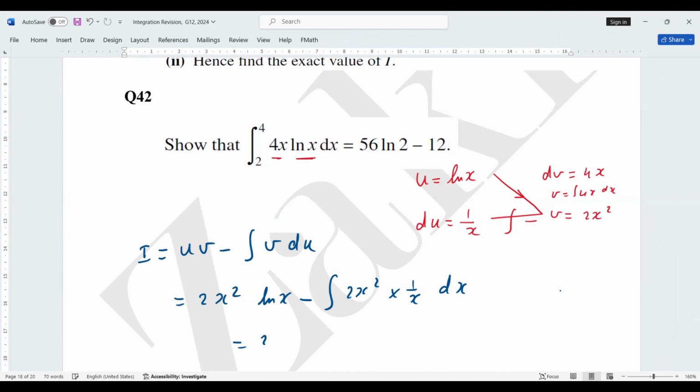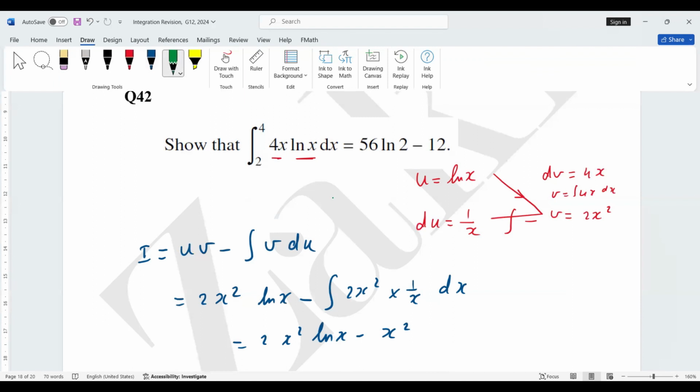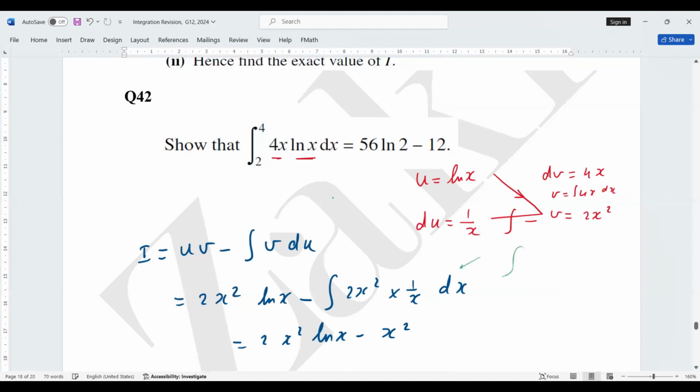So it's 2x squared ln x minus the integration of 2x dx. We add 1, divide by new power, so it's x squared.